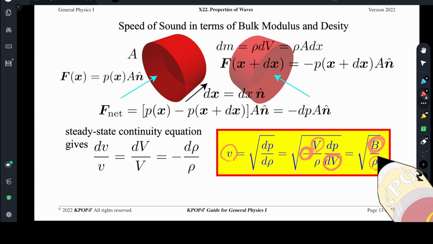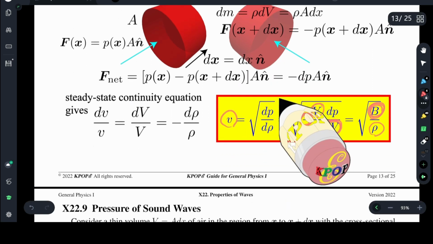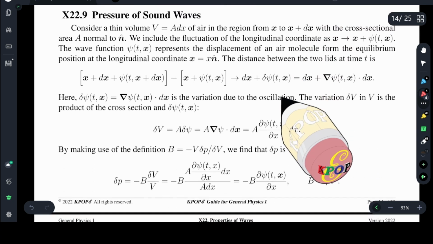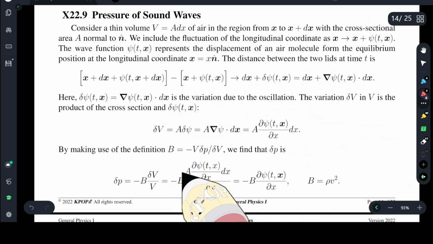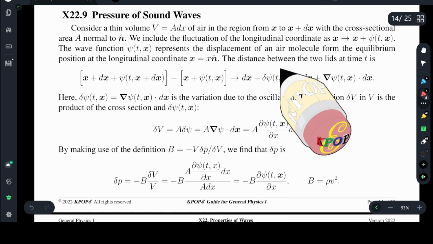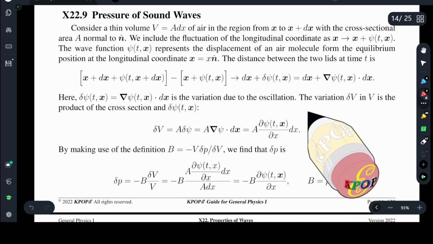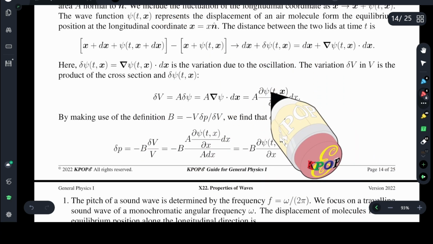The density in space must vary. That is the way of transmitting sound in the air. And this is another theoretical summary that you can follow by yourself.